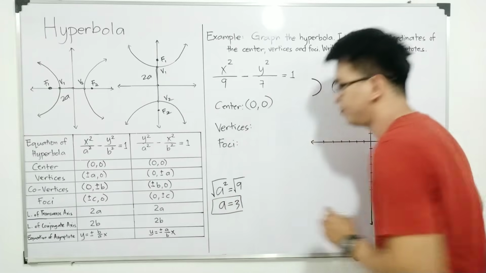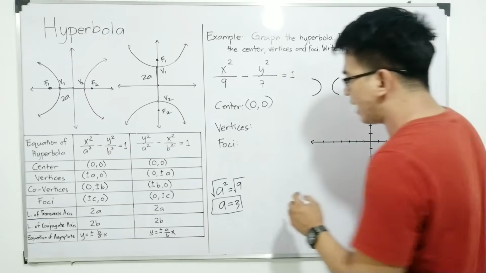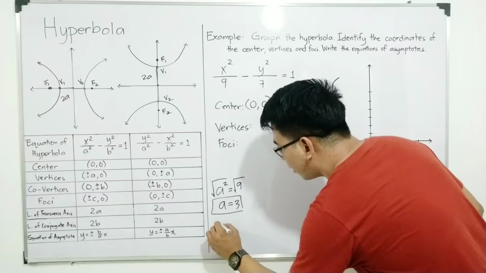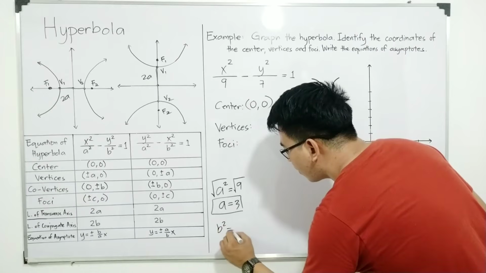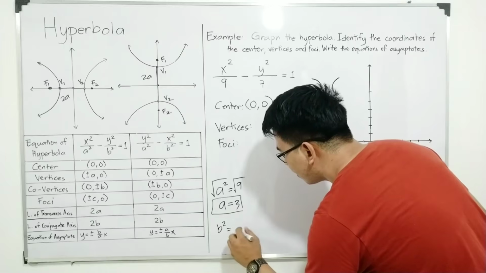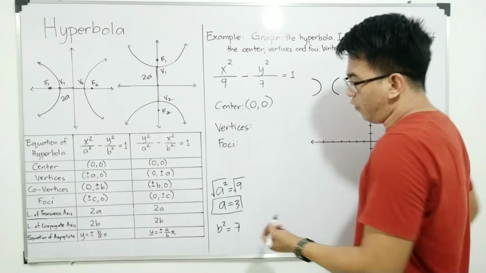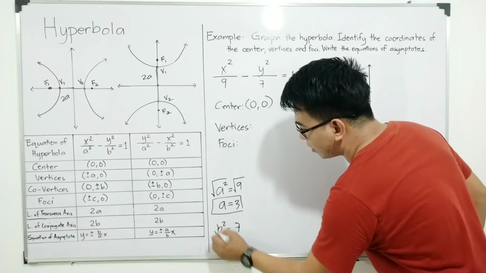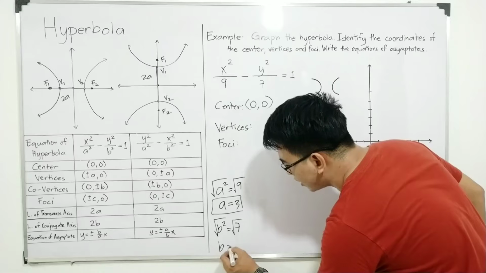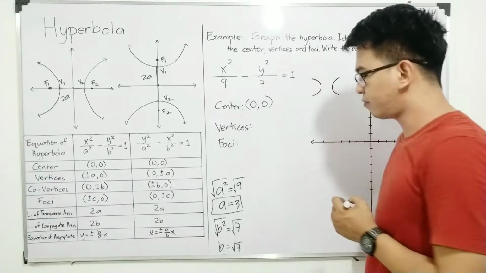This is your a. Okay, guys? Now, let's move on to letter b. As for letter b, your b squared is 7. Now, if you want to get the value of b, simply get the square root of b squared and the square root of 7. Your b is equal to the square root of 7.